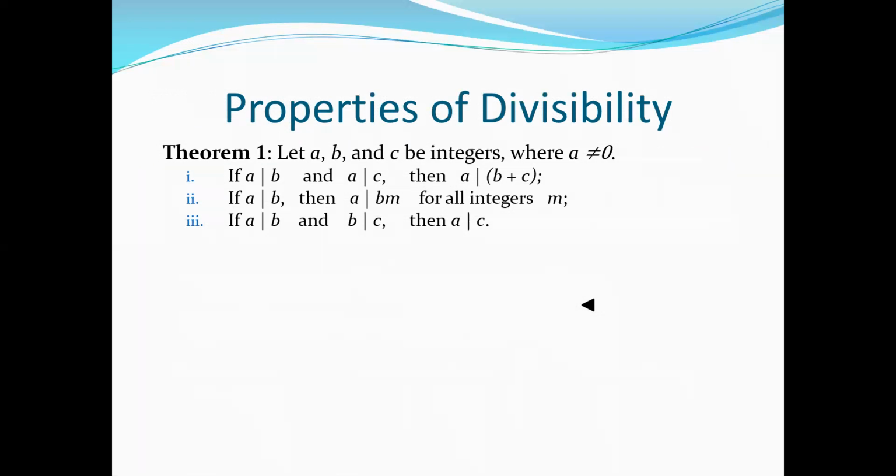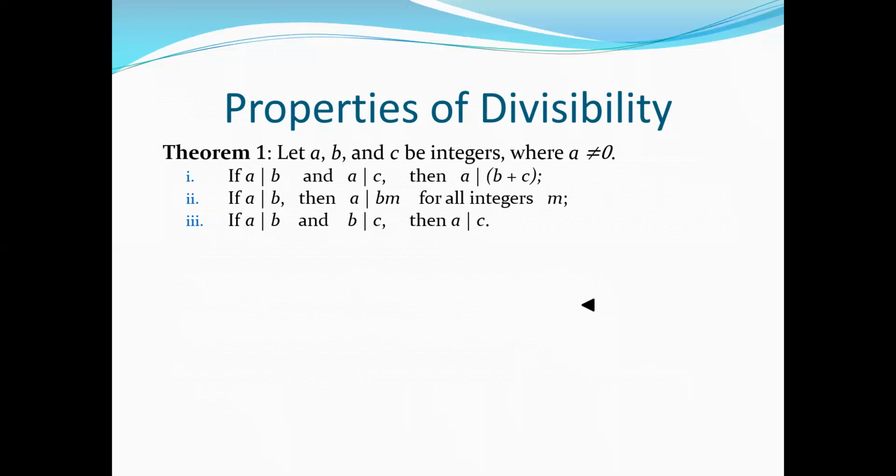Form 1: if a divides b and a divides c, then a divides b plus c. If we have two numbers that are each divisible by a, when we add these two numbers, a can still divide the sum. That's the meaning of form 1.